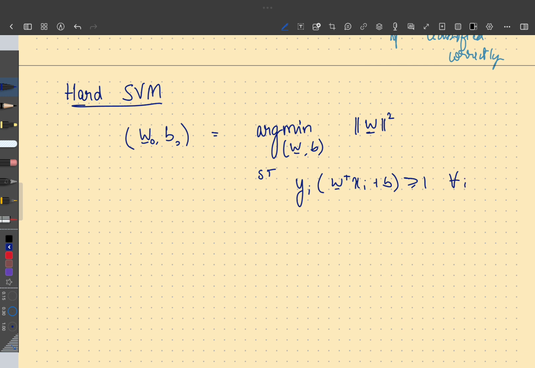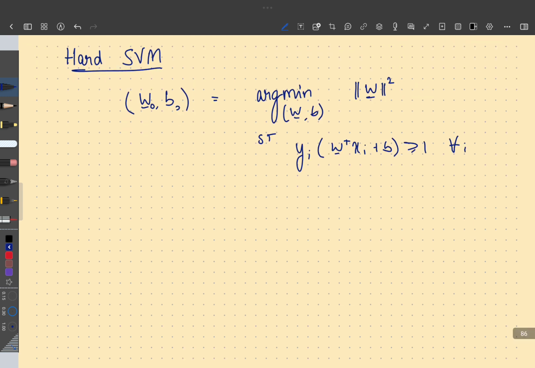This is not the final solution. Your final W SVM, b SVM is equal to W0, b0 divided by norm W0.